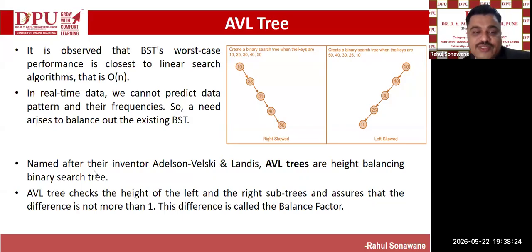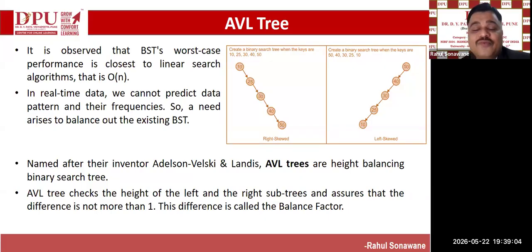Now let us try to understand what is an AVL tree. So this tree is actually height balanced. So what does height balancing mean? Here they have given one rule: at every node, the difference between the height of the left subtree and the height of the right subtree should be either 1 or 0.